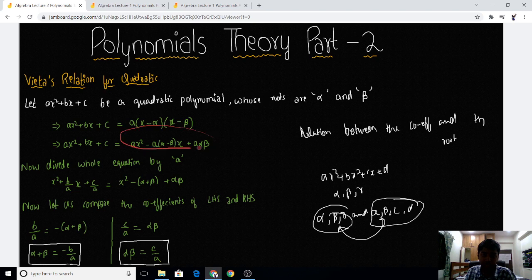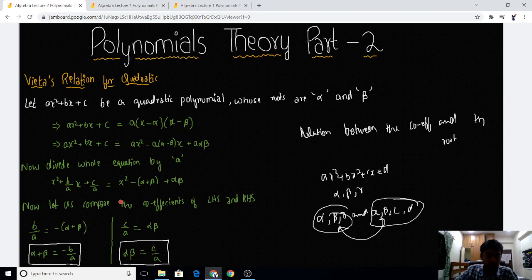Now observe, I'm dividing the whole equation by a because I don't feel comfortable with a. When you divide by a, the a's get cancelled, and I get the leading coefficient as 1. So I get x square plus b by a x plus c by a equal to x square minus alpha plus beta x plus alpha beta.